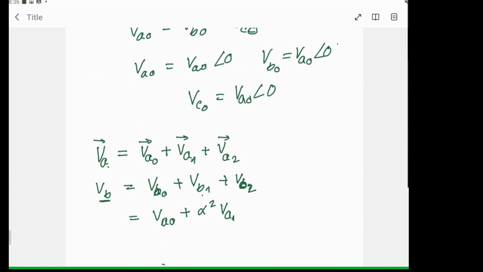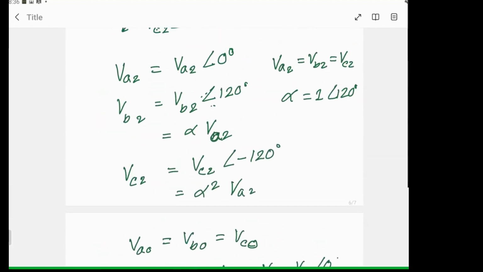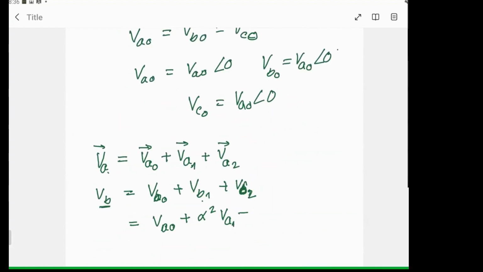So if you consider that this is my VB, and that should be V2, and that would be alpha. So I have to multiply here plus alpha VB1, so VA2. So I have converted to the equivalent because this VB2, this symmetrical component, has the same magnitude. That's why I can replace VB2 with VA2, but we have to consider this angle.